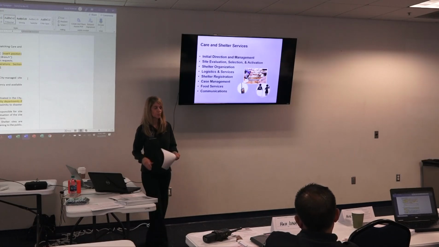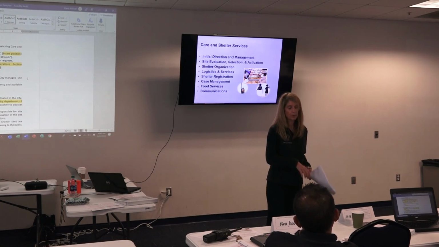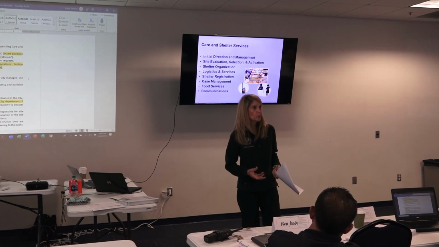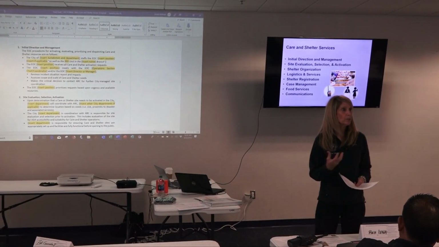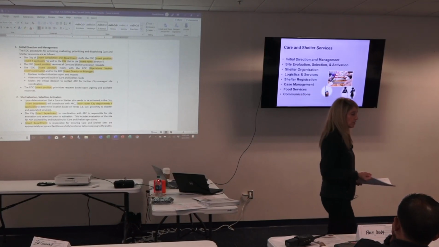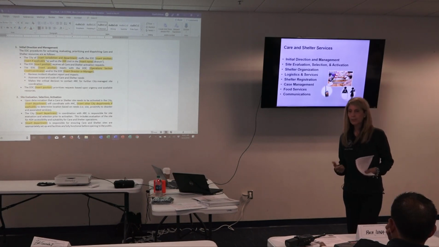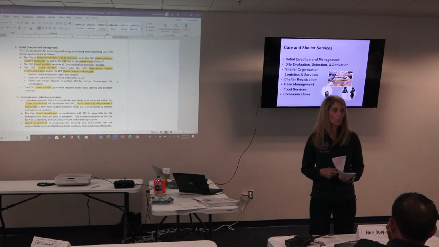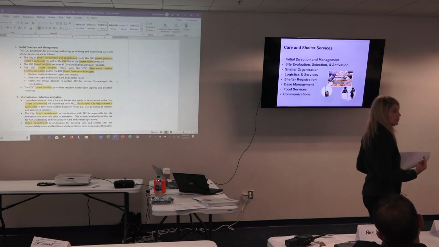Right. Okay, so just to backtrack a little bit. We've gone from the incident happening to the triggers, those clues in the incident that are going to start us thinking, okay, we need to make a decision on whether we're going to open up a care and shelter site or we're not. We talked about that initial decision to activate. That could be either ARC makes the decision, or Field Command is going to make that decision, or it might be the EOC.